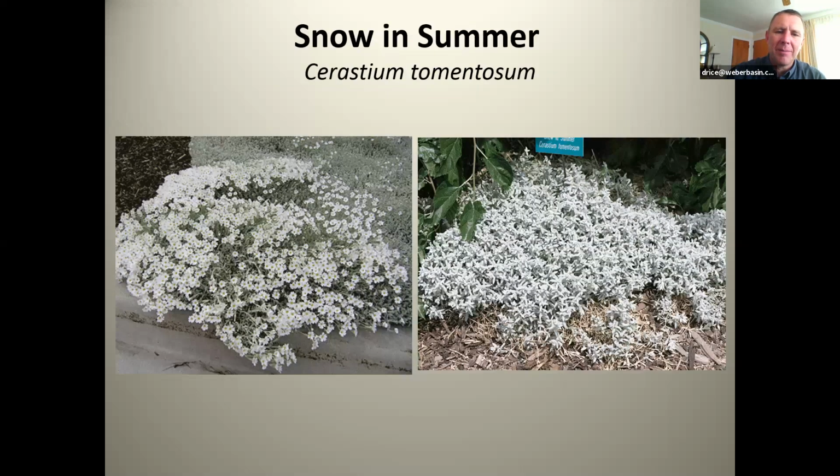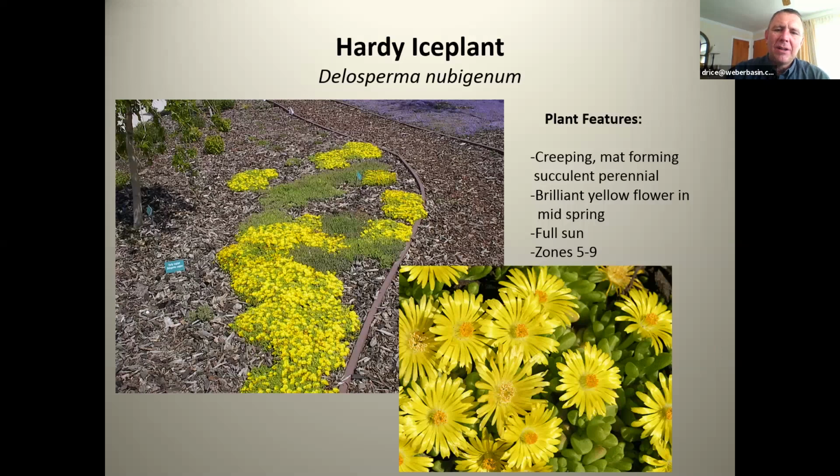Snow in summer, very common. The white blooms, gray-green foliage, nice ground cover. And then hardy yellow ice plant. I've included the purple and the yellow here, but there are other colors. There's a white, and I think one called fire spinner that's an orange to reds. So there's quite a range now of the hardy ice plants.